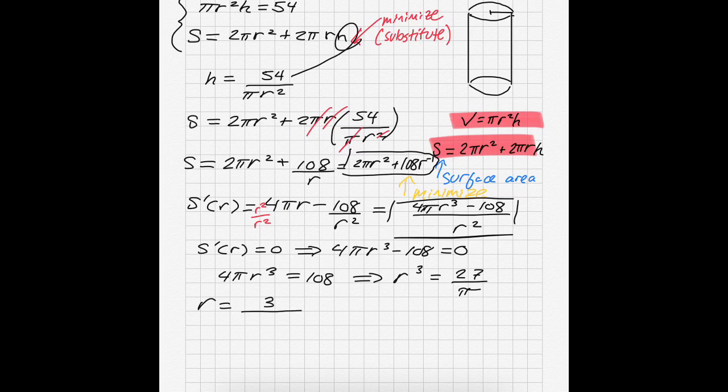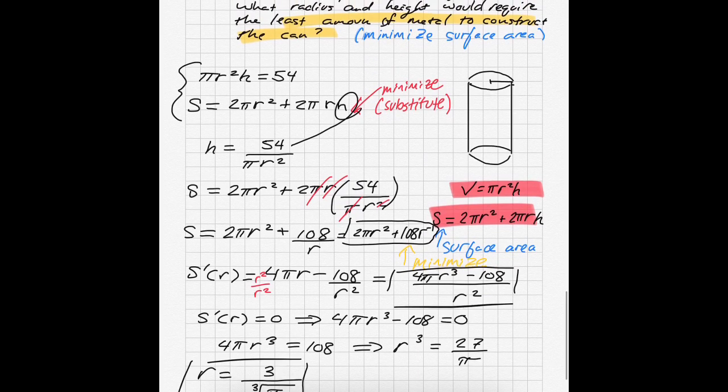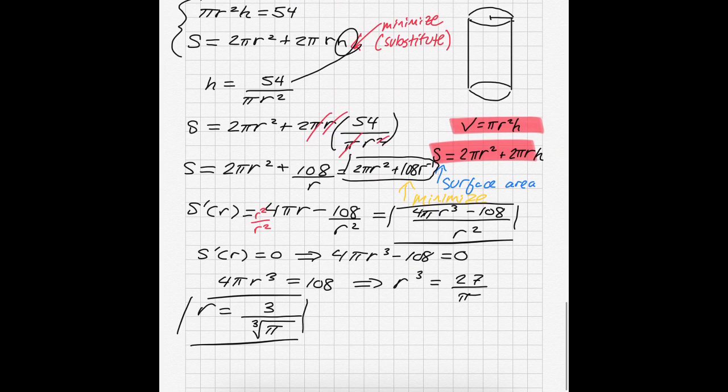So let's see, the cube root of 27 is 3. So is it 3 over the cube root of pi? And then what else was I asked for? Let's go back to the problem statement. It says what radius and height. So I still need to get the matching height.